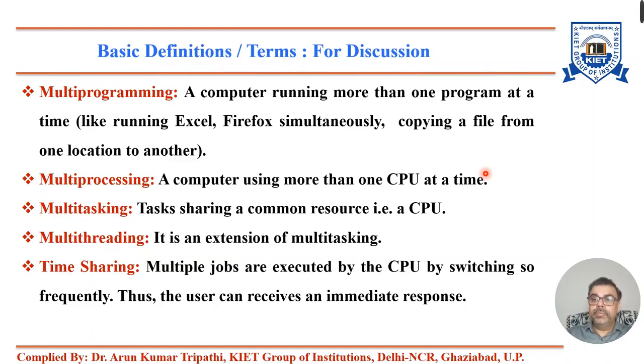Multiprocessing. In general, a computer has a single processor. Perhaps you have heard the names of the processors P1, P2, P3, P4, the Pentium series. So there was only a single processor. But nowadays, a number of processors may reside on the motherboard.